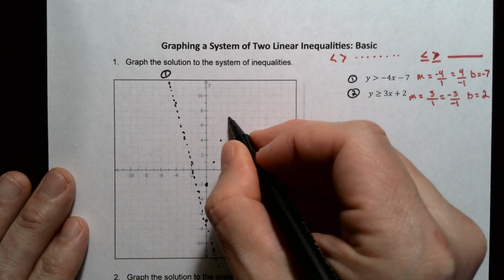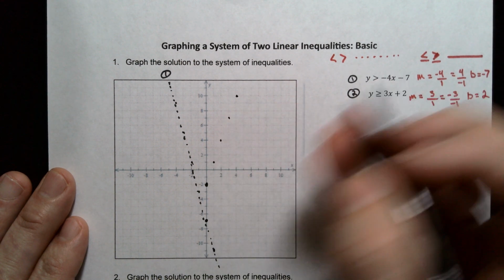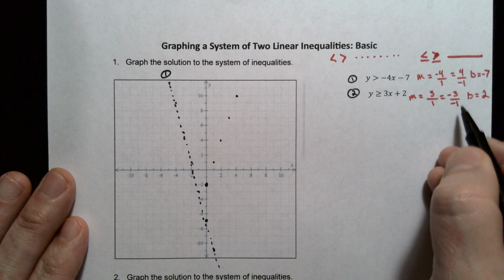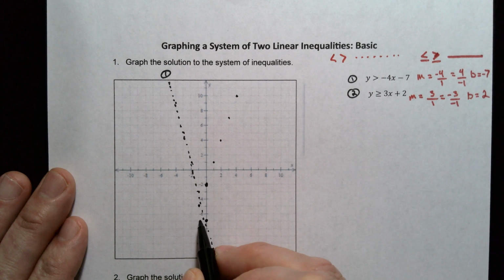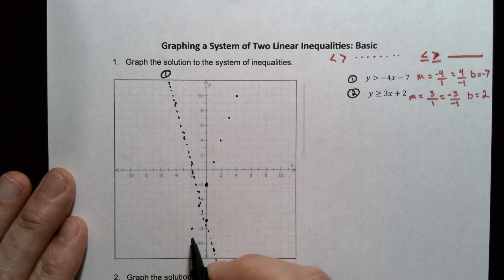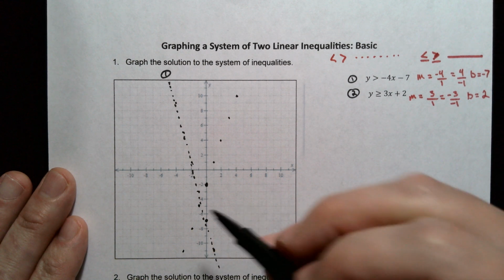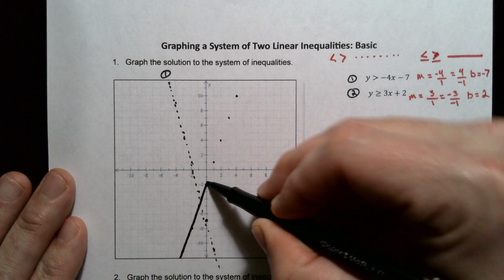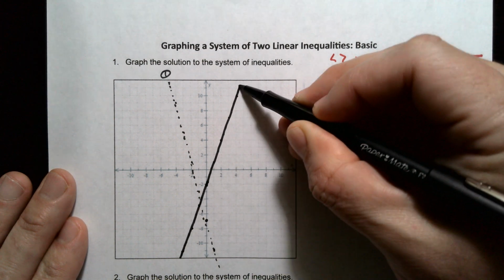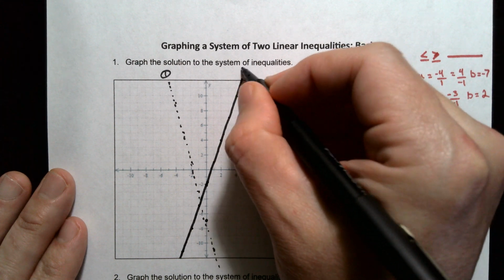And then I could use the -3 over -1 to go down 3, left 1, down 3, left 1, down 3, left 1. And this will be a solid line because of what we mentioned earlier. So here is that line, and that's line number 2.